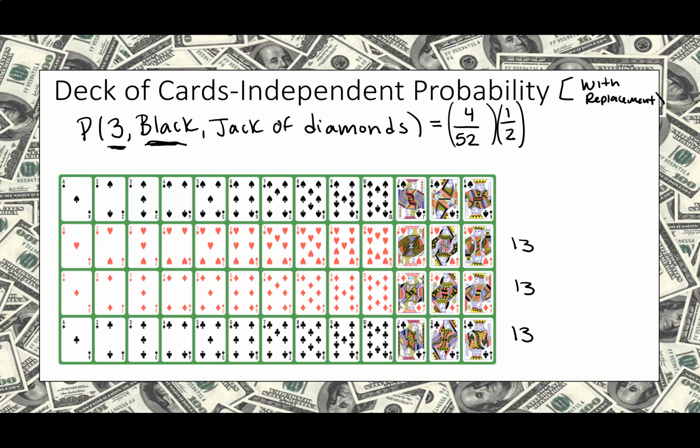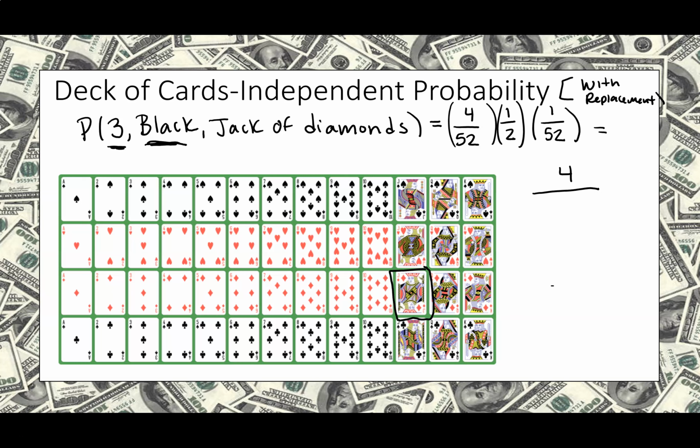Okay. Now, what about the jack of diamonds? Well, how many jack of diamonds are there? There's just one. It's right here. There are 3 other jacks, but they're not the jack of diamond. So that's just going to be 1 card out of 52. So now let's multiply across our numerators. That's 4 times 1 times 1. That gives me 4.